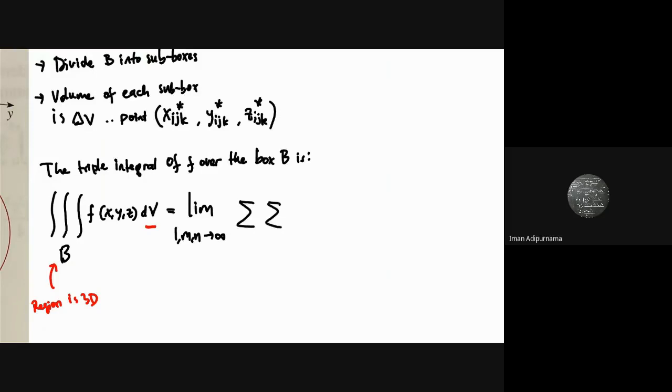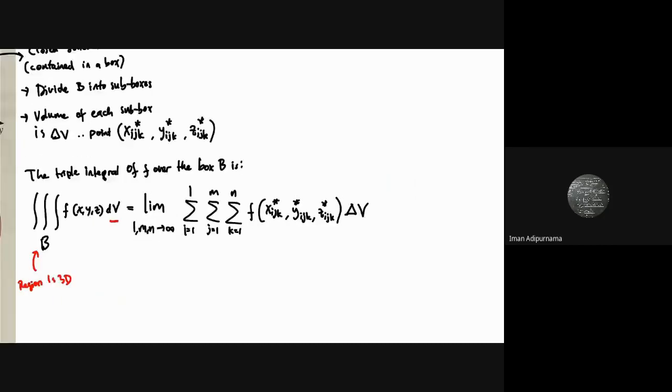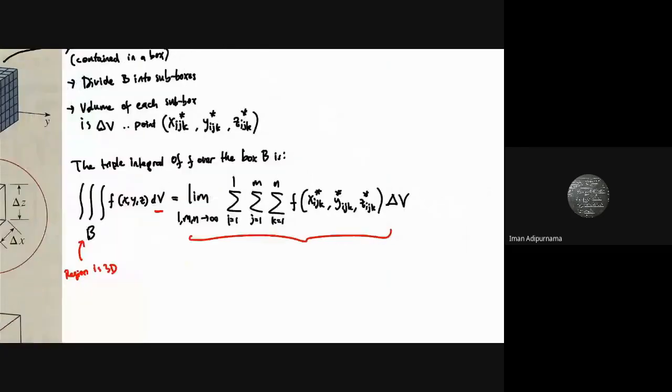So we have 3 sigmas over l, m, n, and then f, and then delta V. So this Riemann sum is our definition of the triple integral as a limit.